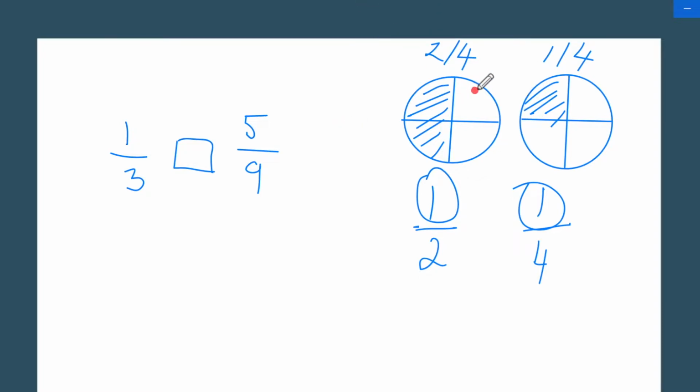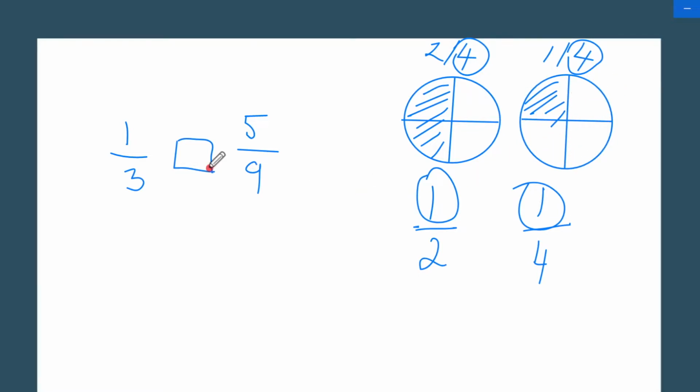Okay, so this is where fractions are tricky. And in order for us to be able to compare fractions, we need to have the same denominator, which means we need to have the same number on the bottom, which shows us how many slices these pizzas had.